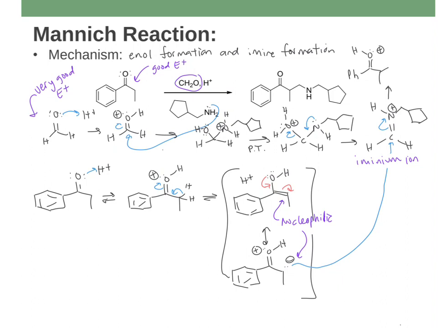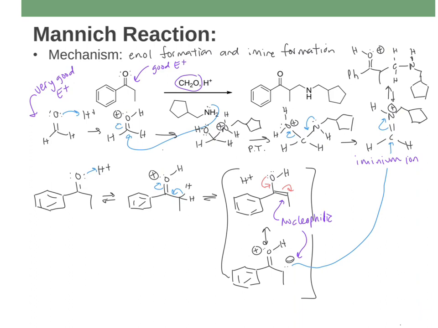But now this is attached to the CH2, right? H and H, and the nitrogen that had an H and now has that cyclopentyl group. Like that, right? Reversible step.